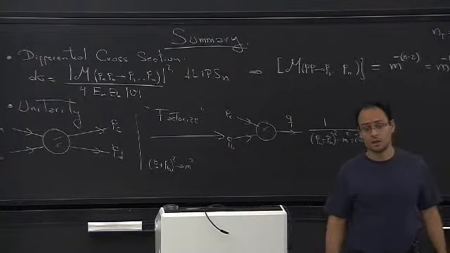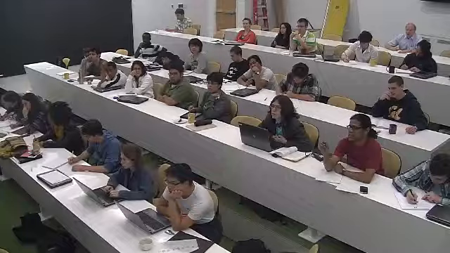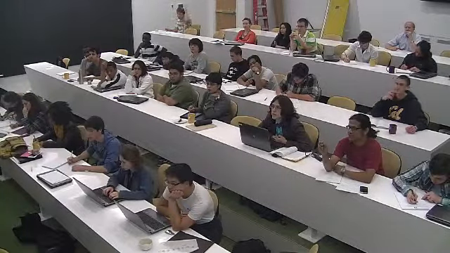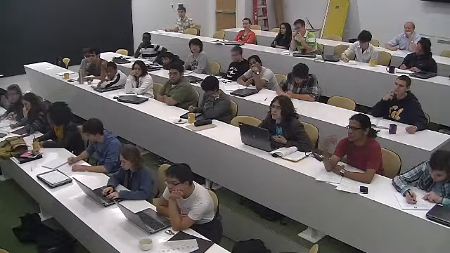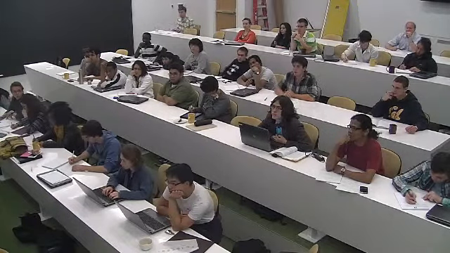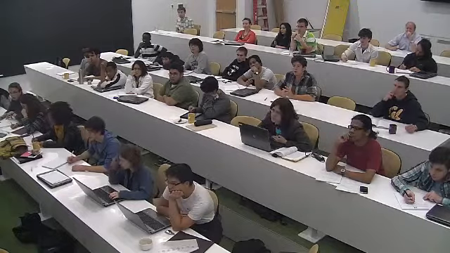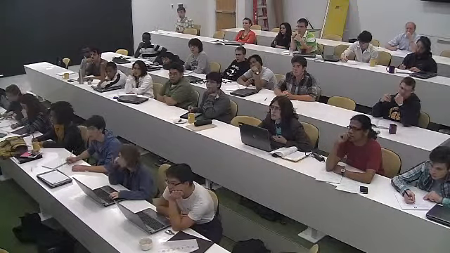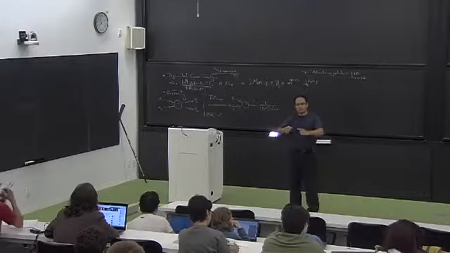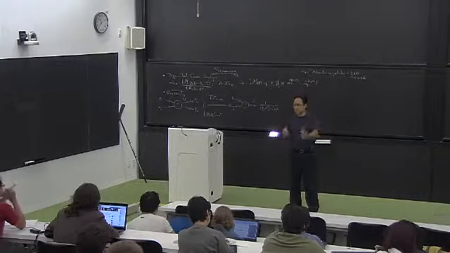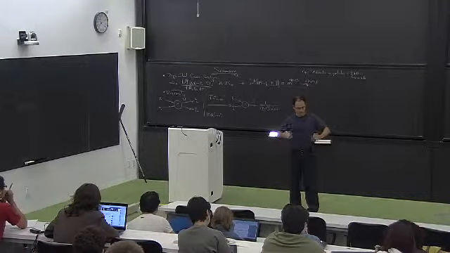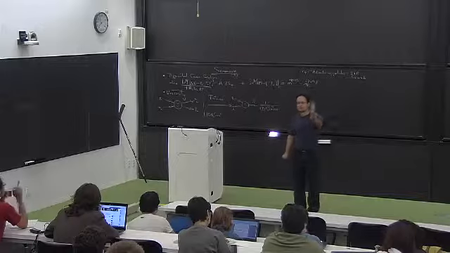Yes? Probably a minor point. You keep saying the limit as the mass shell, but we have two particles. So would it be 4m squared or this 1m? No, that's very, very important. We're tuning our experiment so that the momenta of these two particles add up to be the momentum of a physical particle.